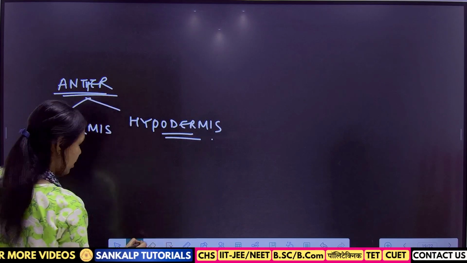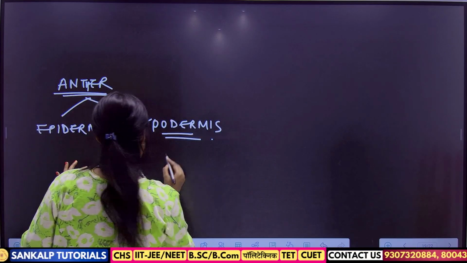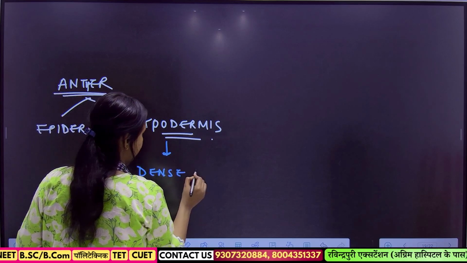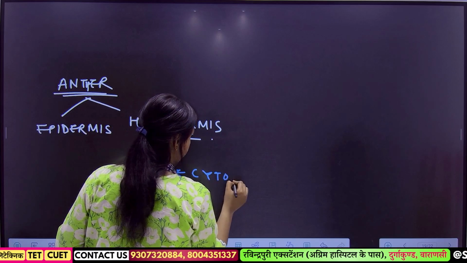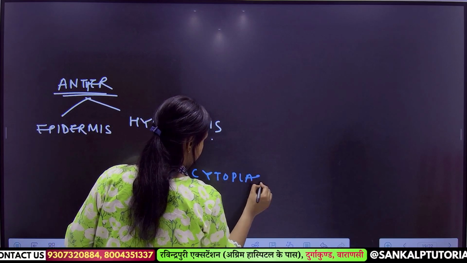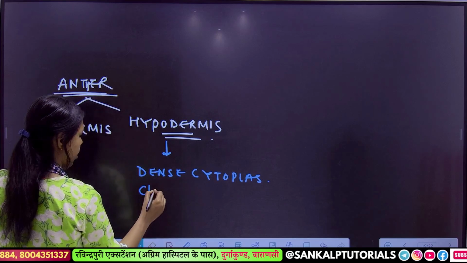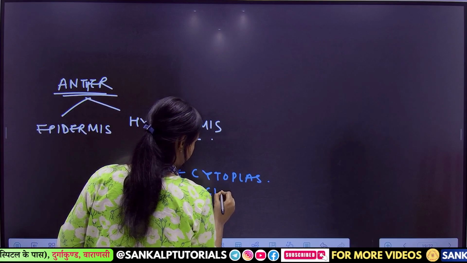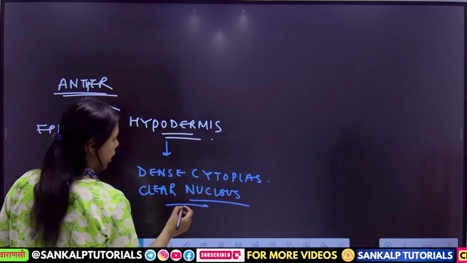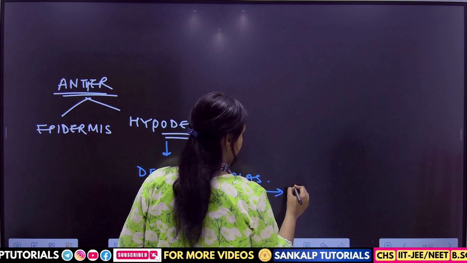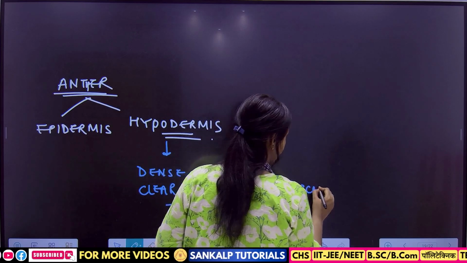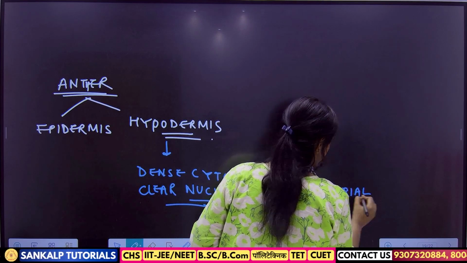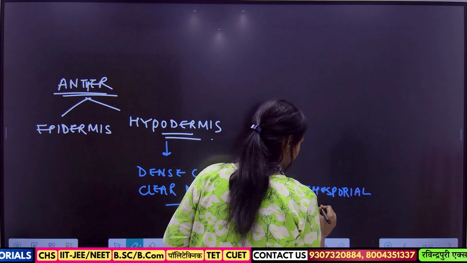In the hypodermis, some cells having dense cytoplasm and a clear nucleus are known as archesporial initial cells.